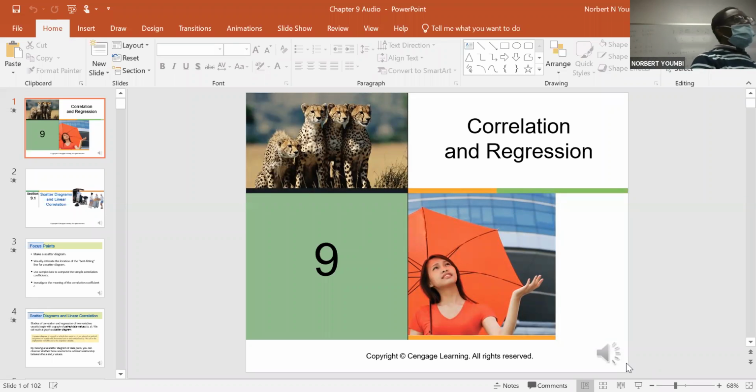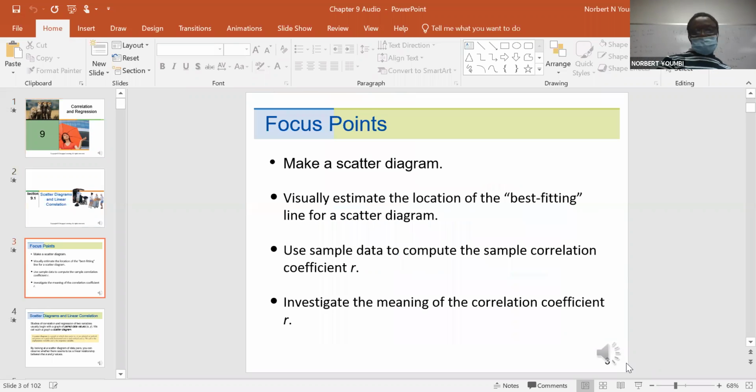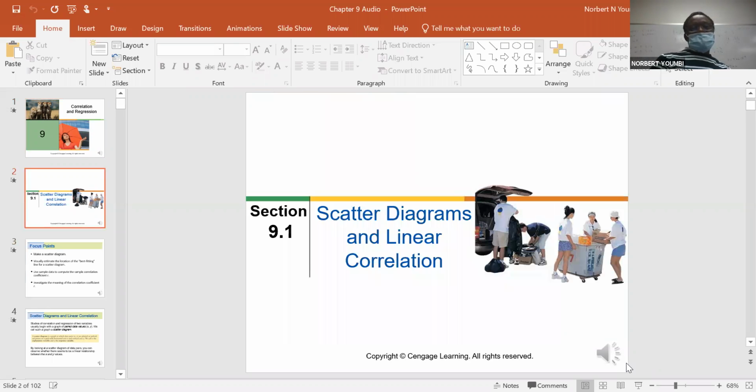Correlation and regression. In 9.1, we are going to learn about scatter diagrams and linear correlation. In this chapter, my suggestion is the use of Excel.